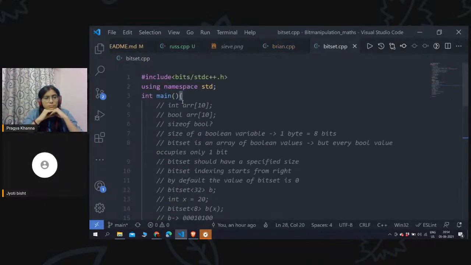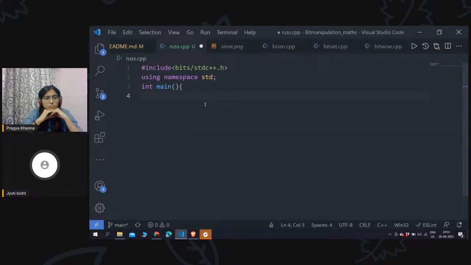I'll just take two numbers. Okay, and I want a number int A as 20 and int B is equal to 12. So let's just write इसका code.